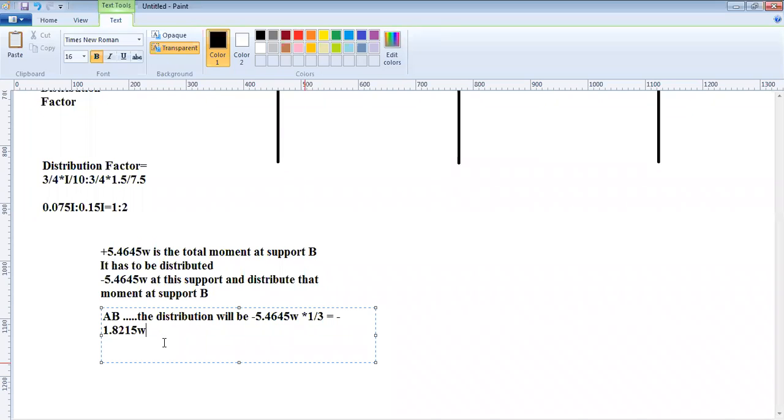And for the other side, BC, the distribution will be minus 5.4645 into W into, what was the distribution factor? 2. Overall, 2 plus 1 is 3.